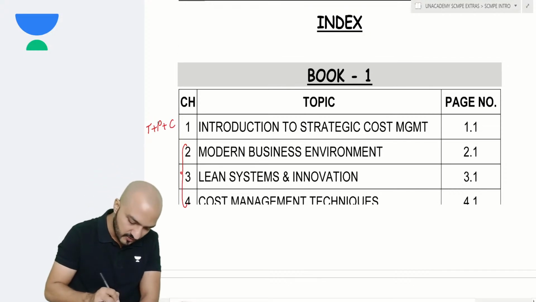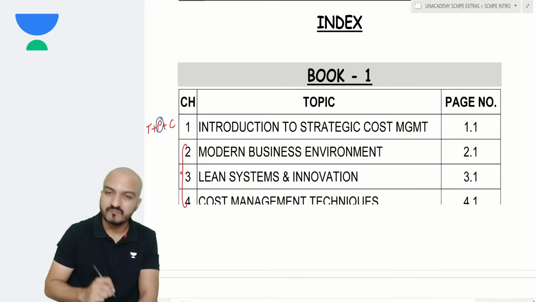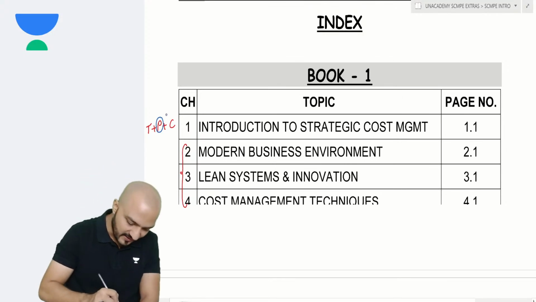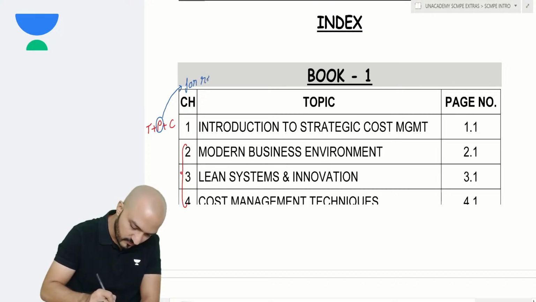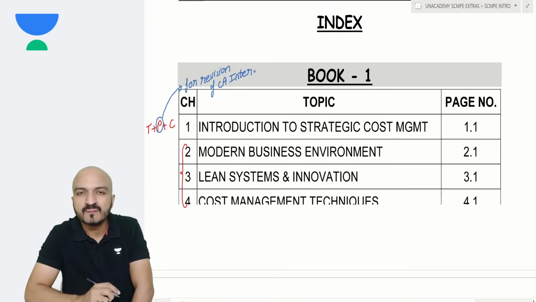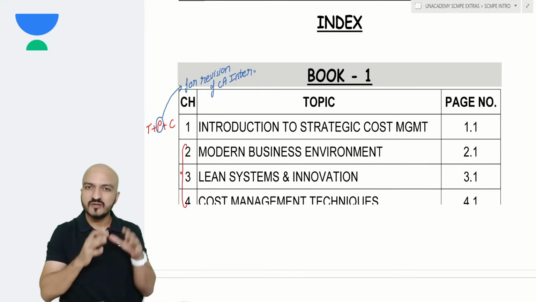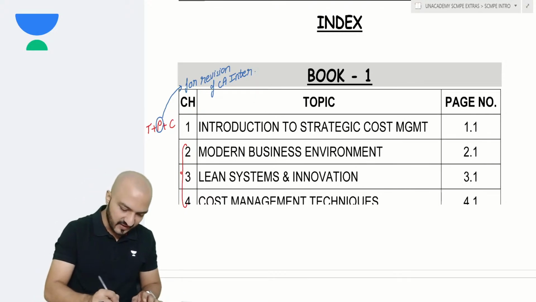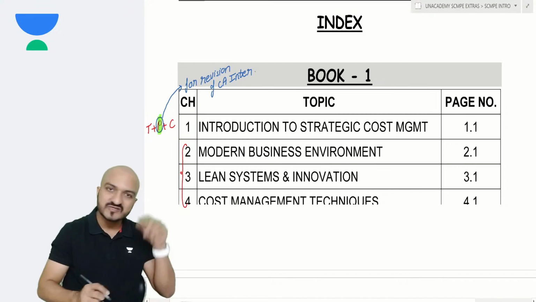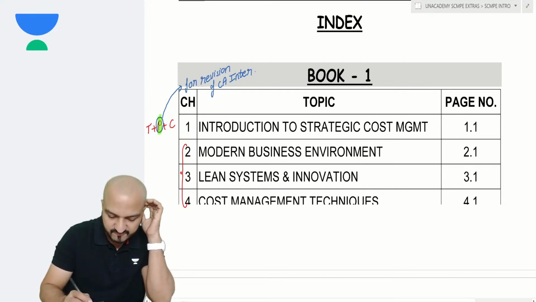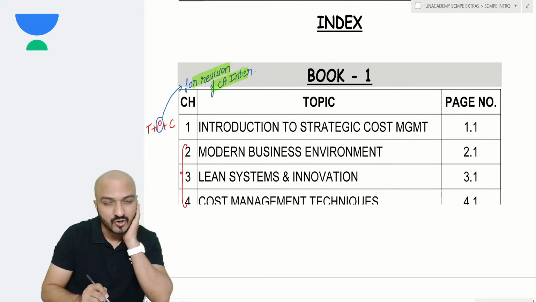However, the practicals given in chapter 1 of my book are actually for revision of CA Inter level, because as per the ICAI study material, chapter 1 does not contain any practicals. In my book, you will see practicals of chapter 1 because I put them just to revise some inter level concepts.